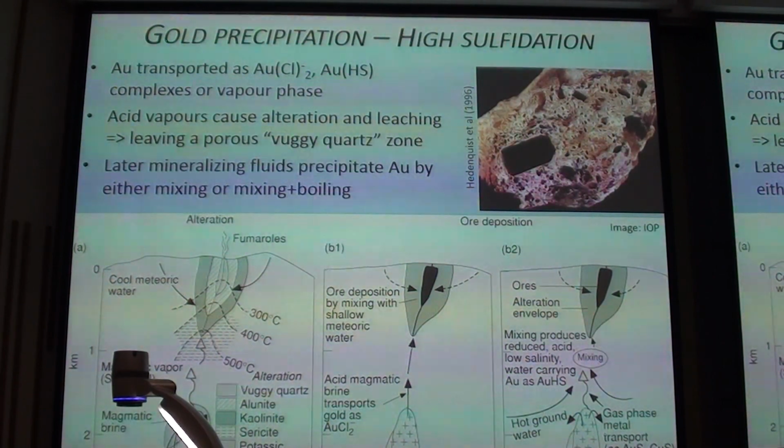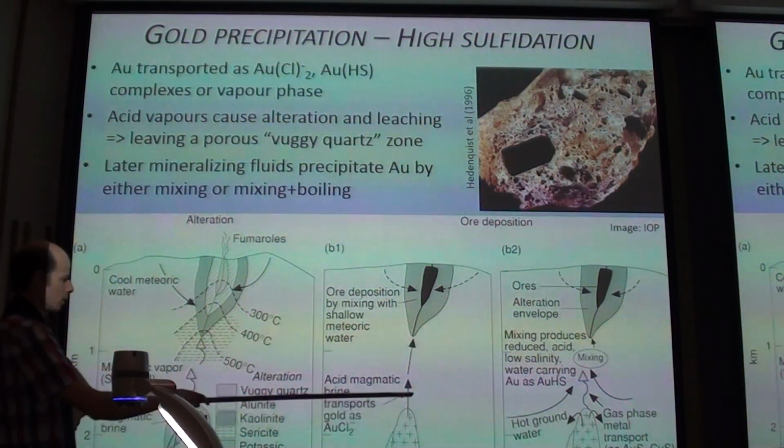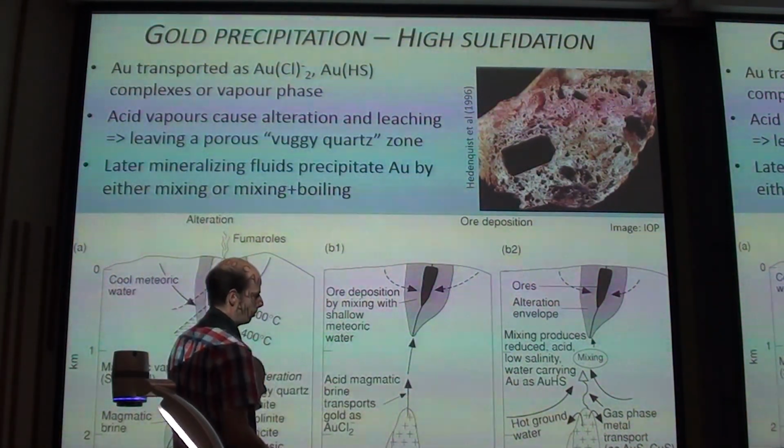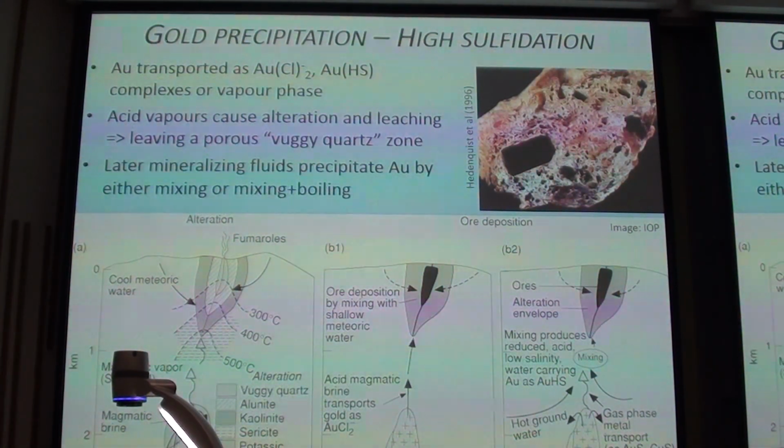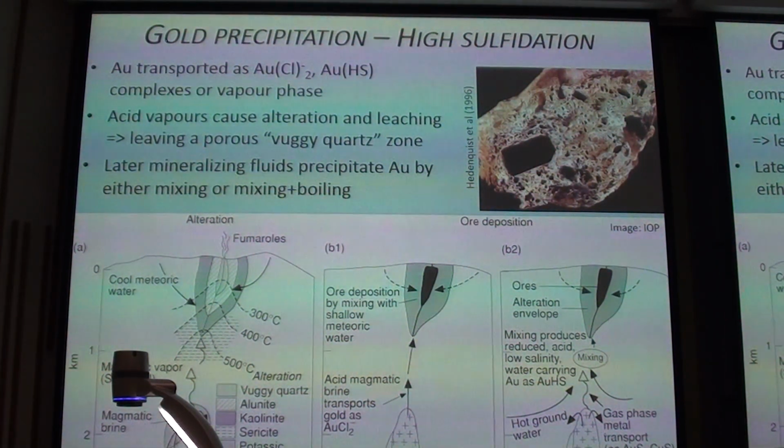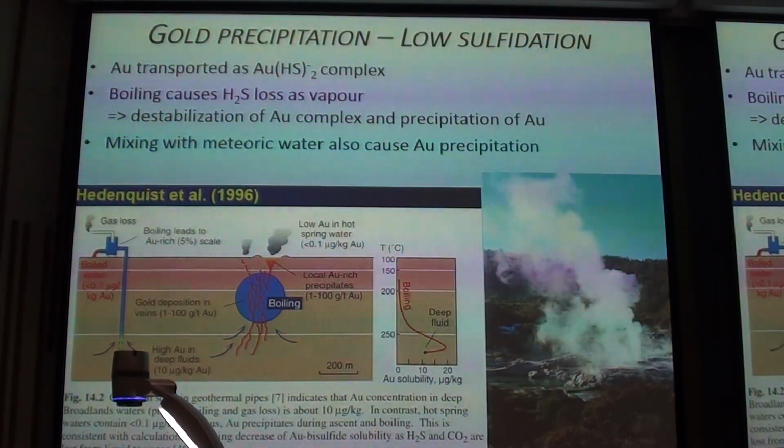So for instance, if we are transporting gold as an HS complex, we reduce the temperature, we boil off some volatile elements or components from the brines, from the liquids. That releases these hydrogen sulfide gases, which reduces the solubility of gold and basically precipitates gold into pore spaces.